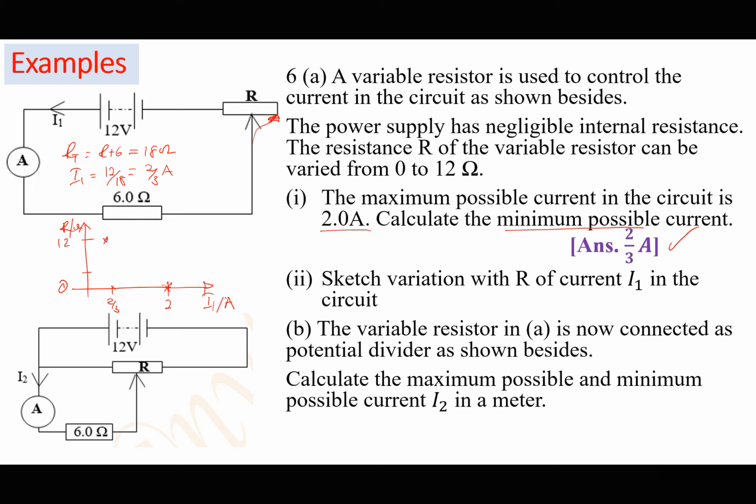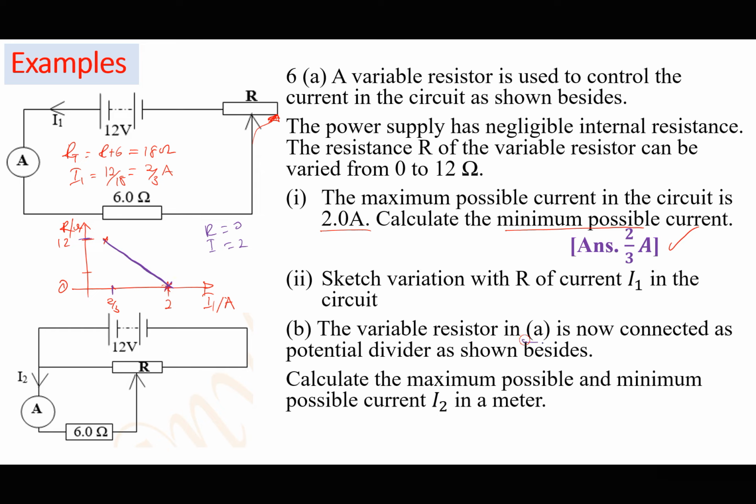And when R is 12, the current was minimum, 2 over 3. That's when we have the maximum. So that is a graph of a decreasing gradient.